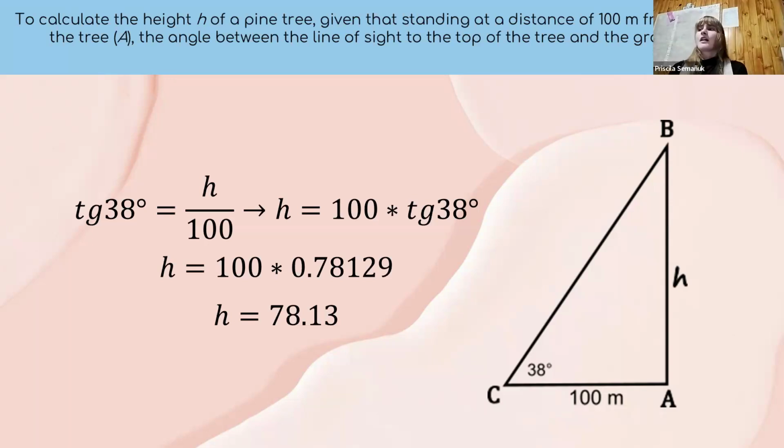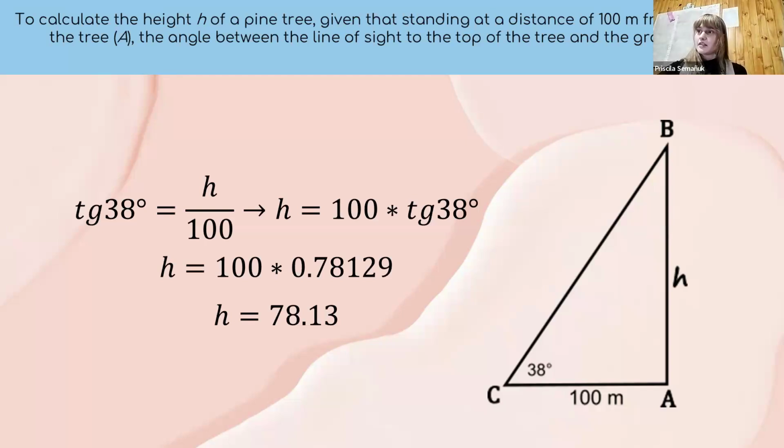And I say, I wonder how tall is it? What do I do? I know that if I stand here, the angle that will form between my line of sight and the top of the tree, this way, is 38. Now, I'm standing 100 meters away, and the angle that I'm writing here is 38.